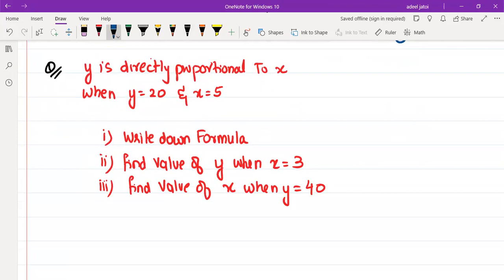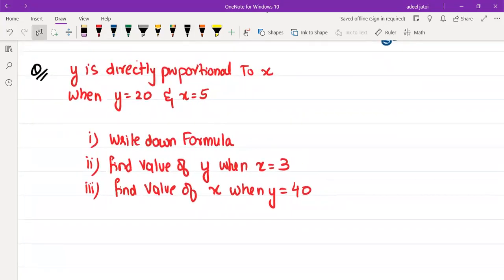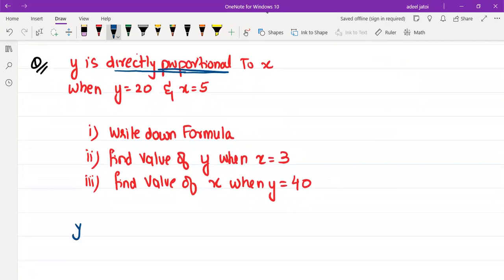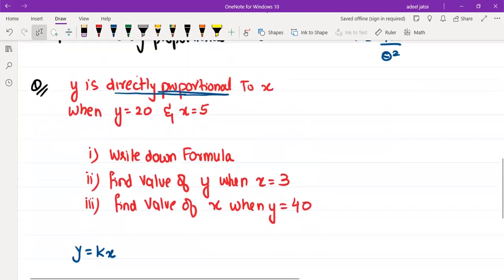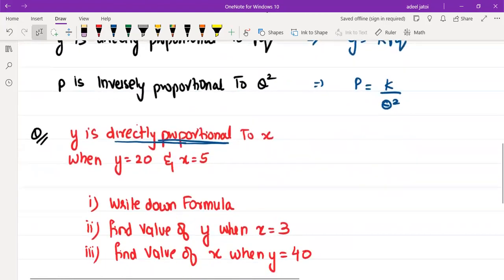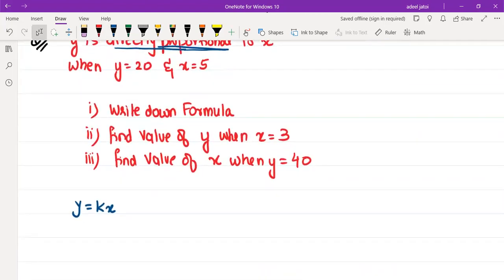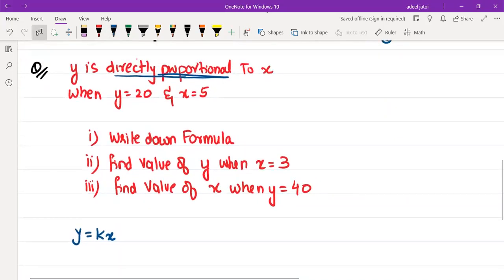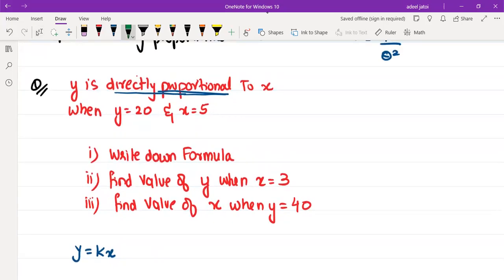The question clearly says y is directly proportional to x. So what we're going to do is, y is directly proportional to x. Now, with the statements we can write down the formula, but the formula is incomplete till the time you don't write the value of k. And the value of k will always come from the values that are given.